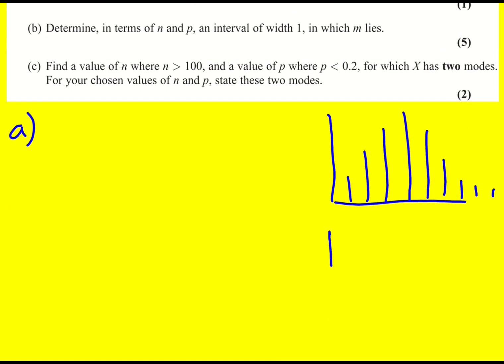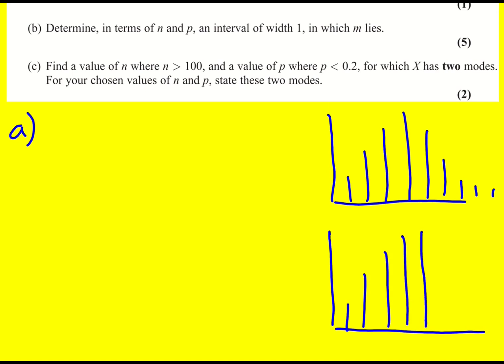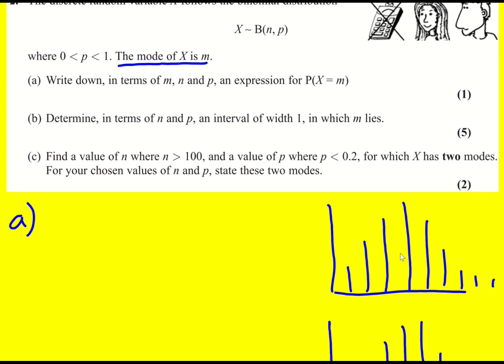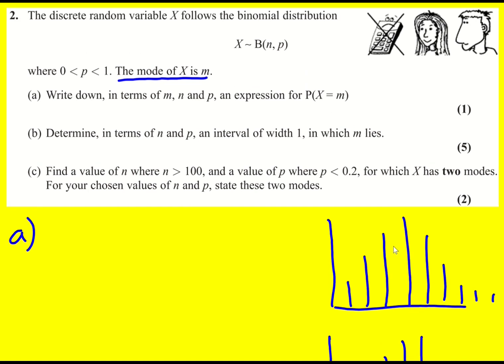Now, the thing is, and it even talked about this in part C, sometimes you get two modes. You can never get three, but it is possible that it will look like that. And that's something we need to take into account even in part B.